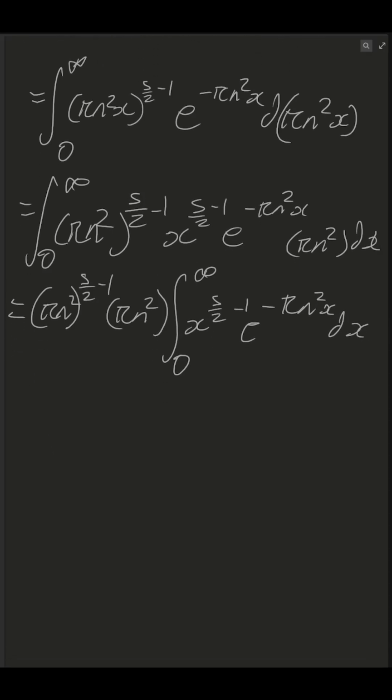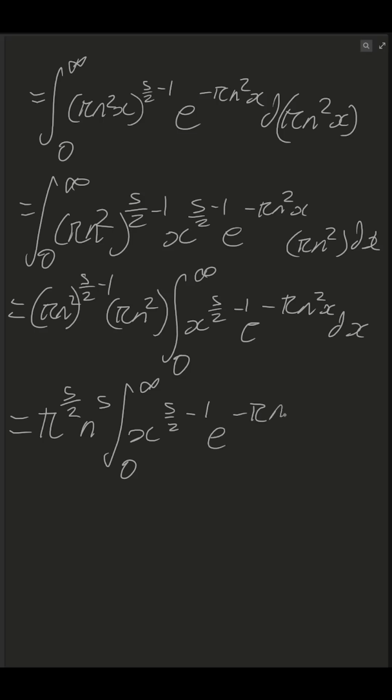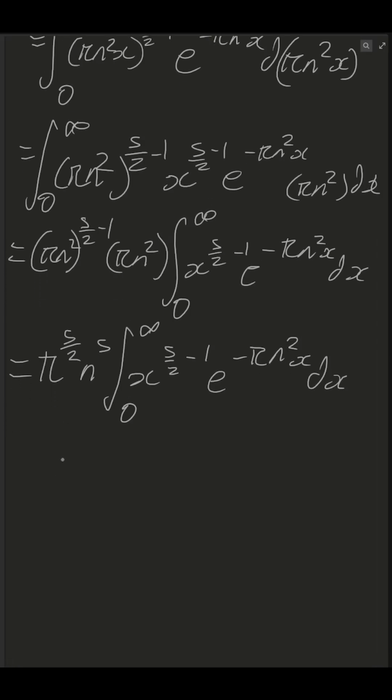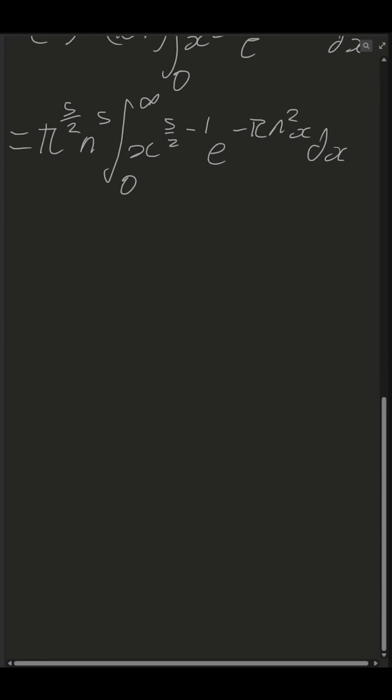And obviously that's just going to pop the 1 back on, so we end up with this final expression of pi to the power of s over 2 n to the s, integral from 0 to infinity of x to the s over 2 minus 1 e to the minus pi n squared x dx. And that is our new gamma function of s over 2.